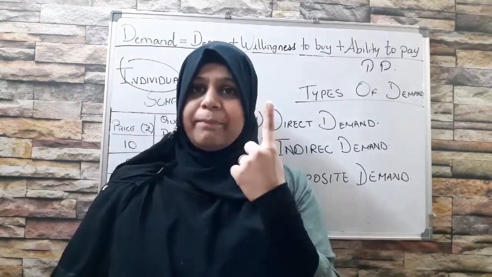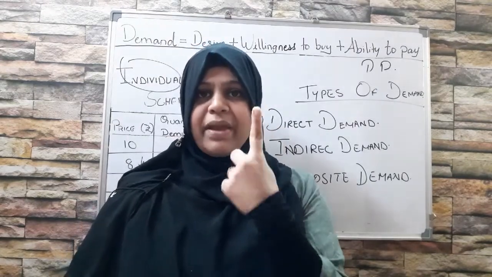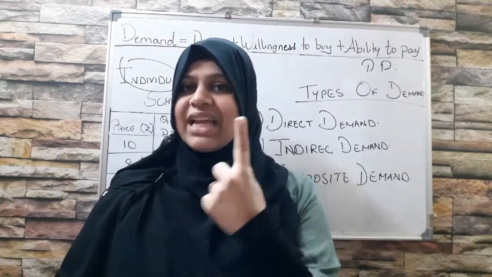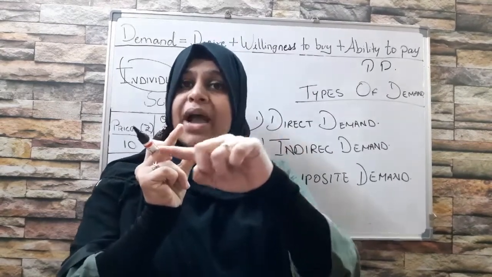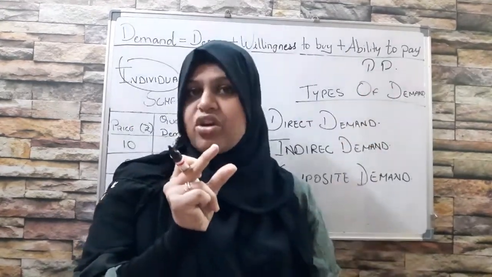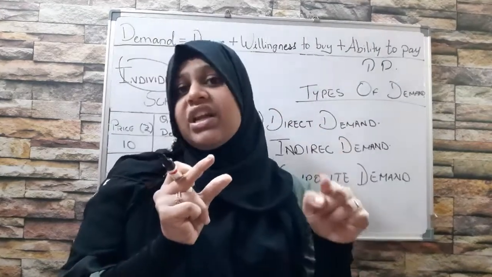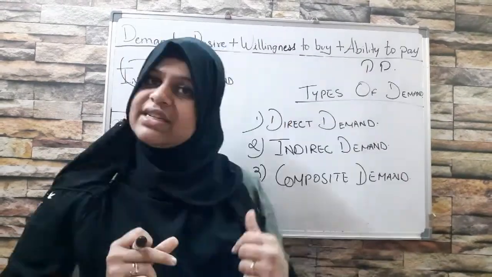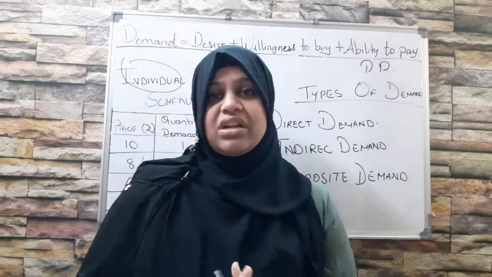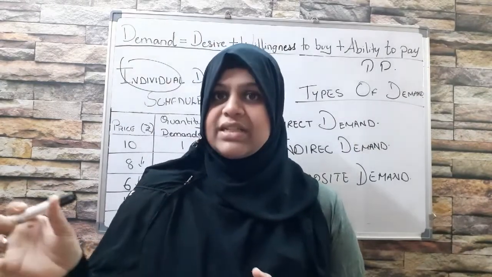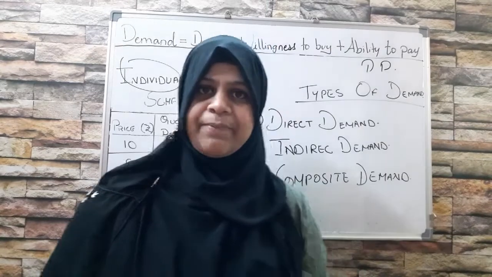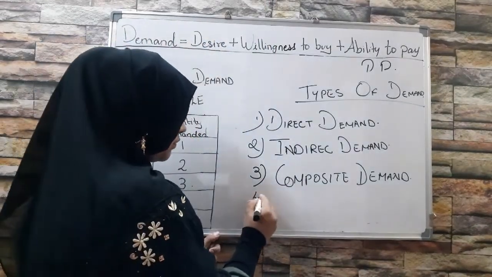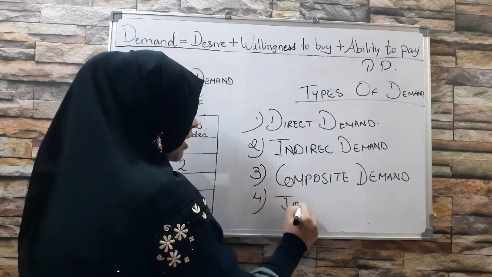So one basic commodity, that is electricity, is helping me fulfill my various other demands of various other electrical appliances. So electricity demand. All right, I want you to list down many such examples of composite demand. One, I have given it to you, that is electricity. Next one, joint demand.